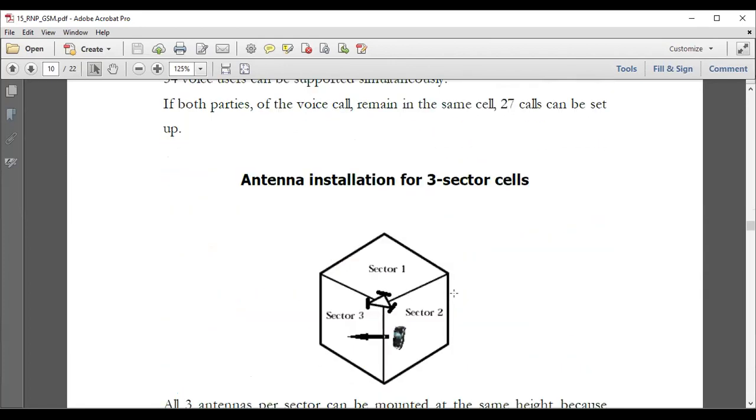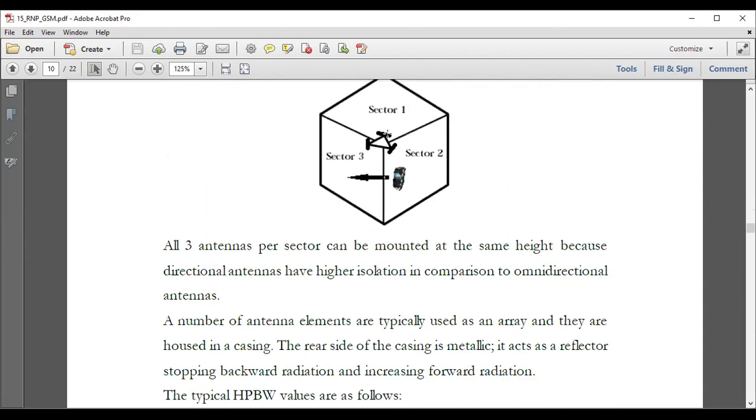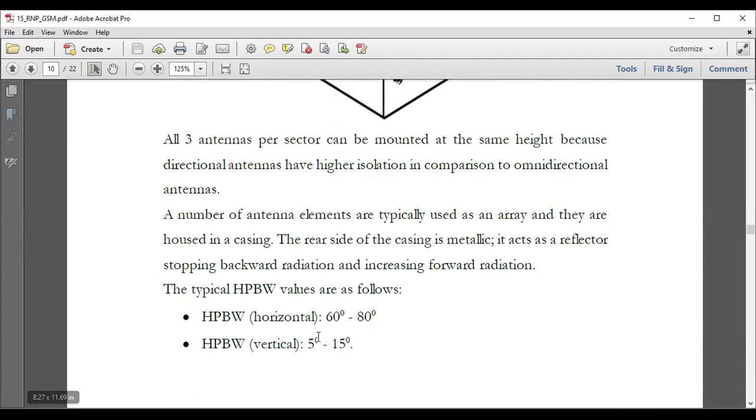The radiation pattern is 60 to 80 degrees wide horizontally when you use three sectors. However, vertically the radiation pattern is pretty narrow. I'll show you why. And it is typically between 5 to 15 degrees.